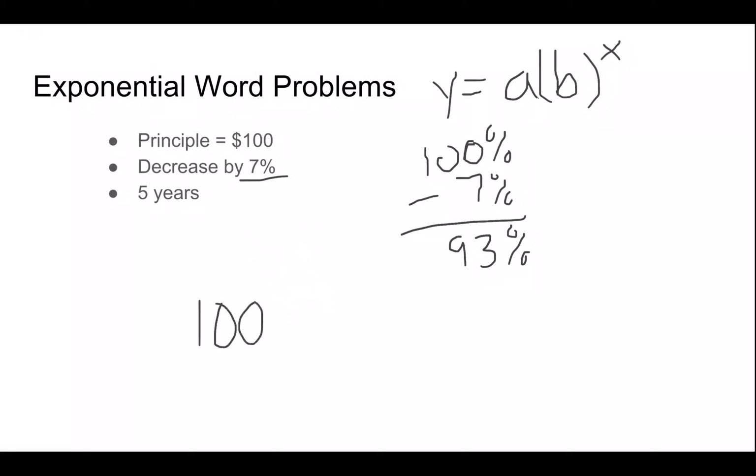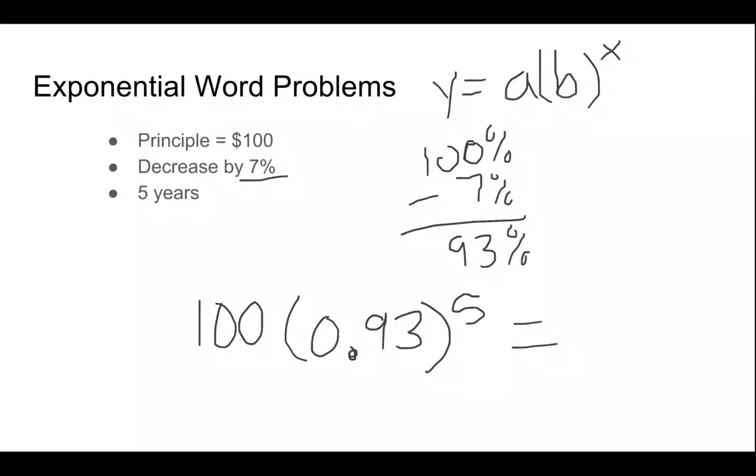So I start out with 100, I multiply it by 0.93, and I do that for 5 years. Again, we're going to plug this whole thing into our calculators to find the answer.